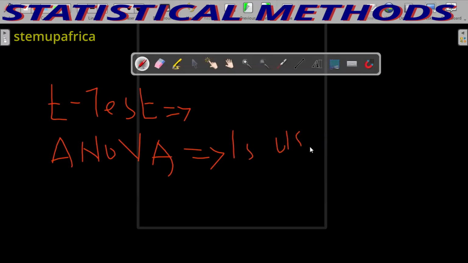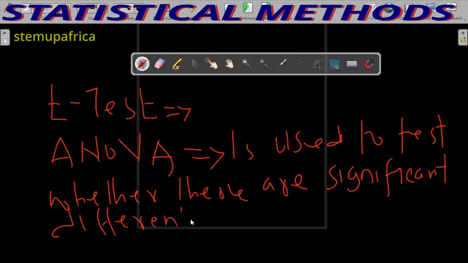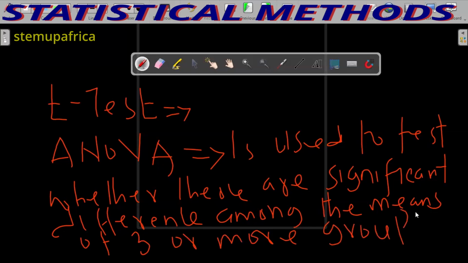It's used to test, just like the t-test, whether there is a significant difference among the means of 3 or more groups.